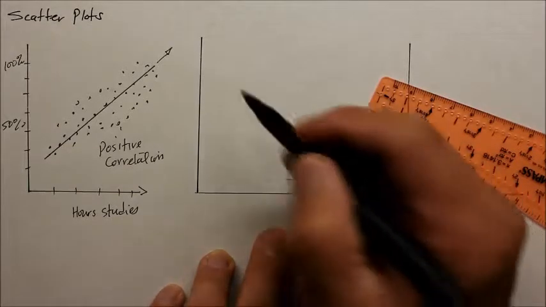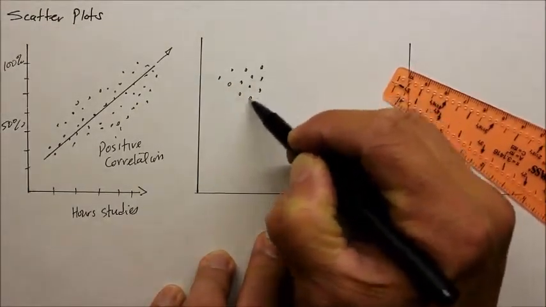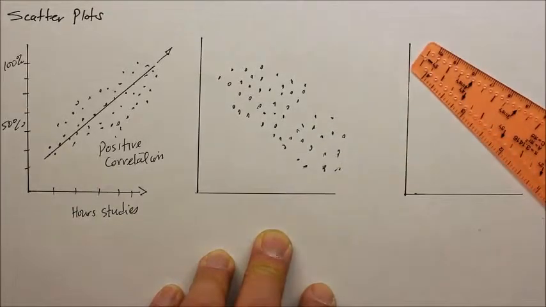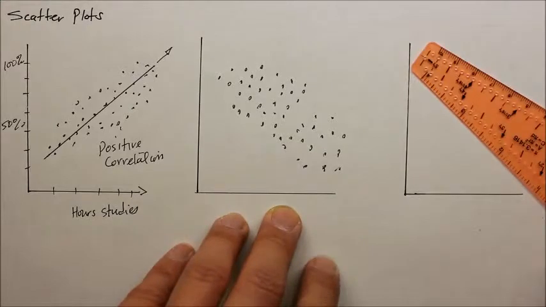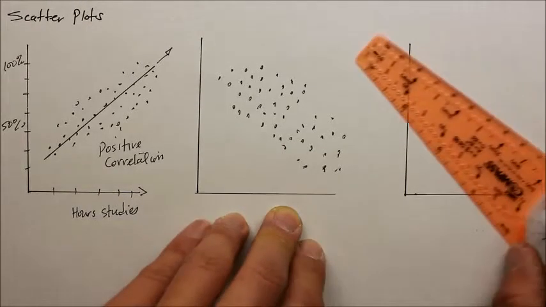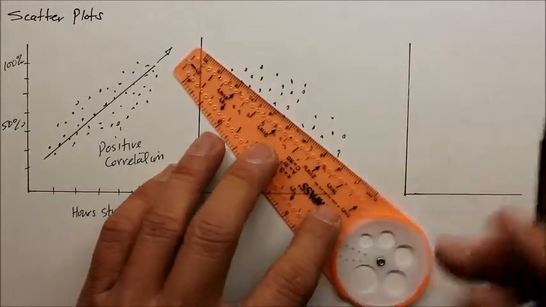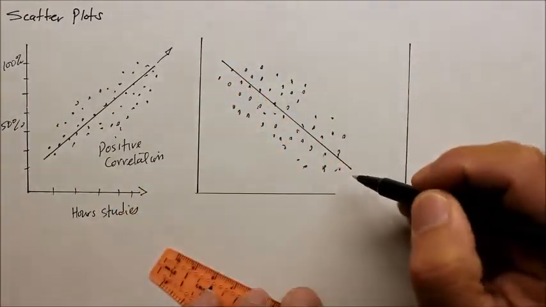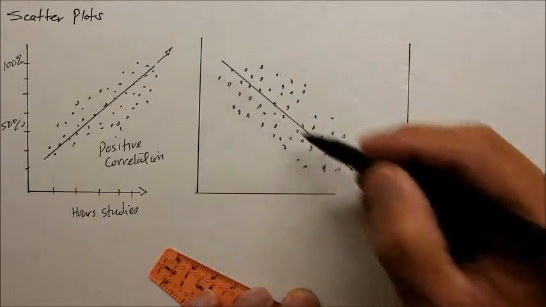Here's another situation. If you take a good look at it, it looks like if you were to draw an estimate of a best fit line, it's going to go down from left to right.